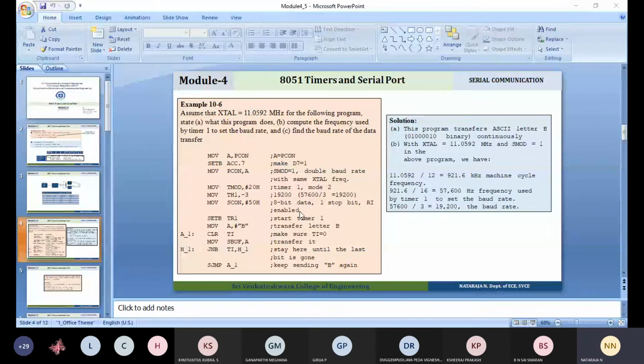You have to find for both SMOD is equal to 0 as well as SMOD is equal to 1. For the frequency 22 megahertz, the TH value will be -3 and -12. Calculate.